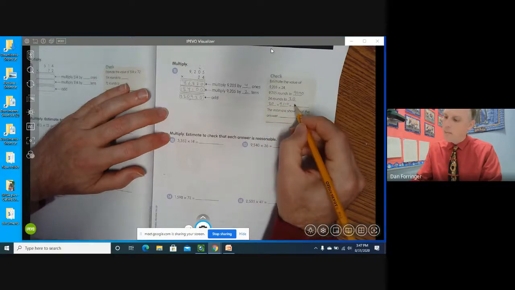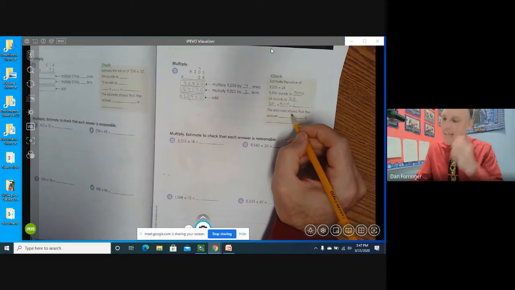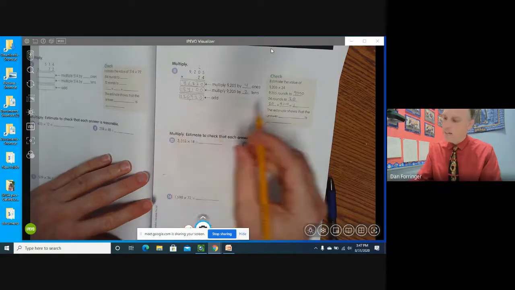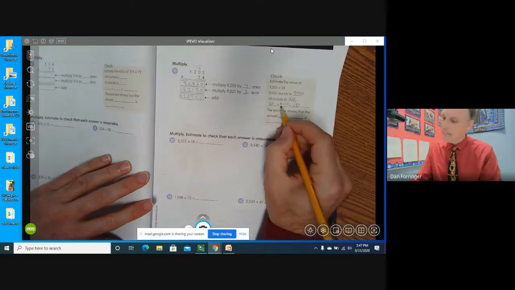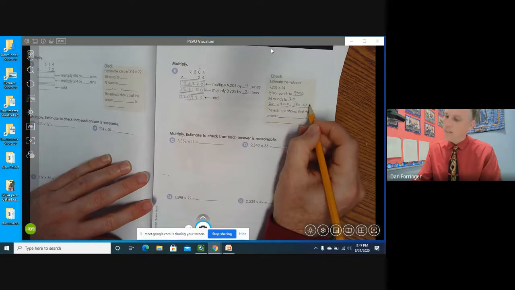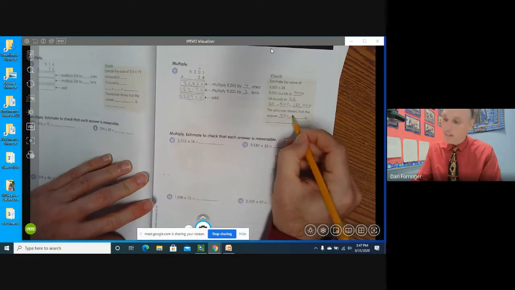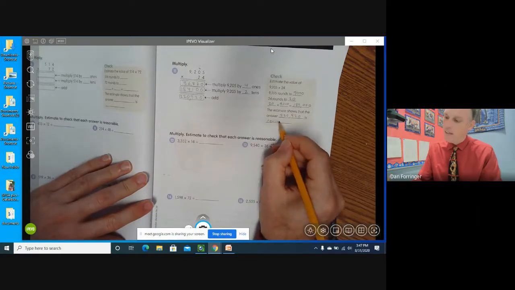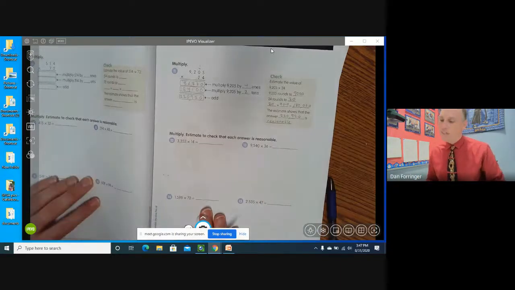But it should still be in the same ballpark. Like if I got 18,000, that's nowhere near 220,000. But if I get, I think I'm going to get 180,000, that is reasonable. It's significantly larger, but it's still a reasonable answer since I rounded both of those down a significant amount.